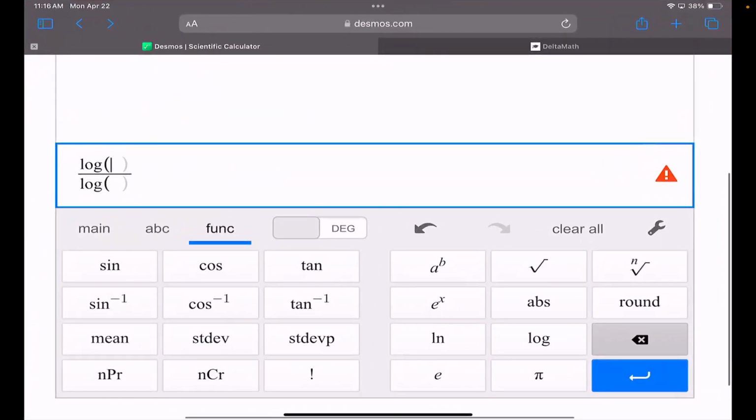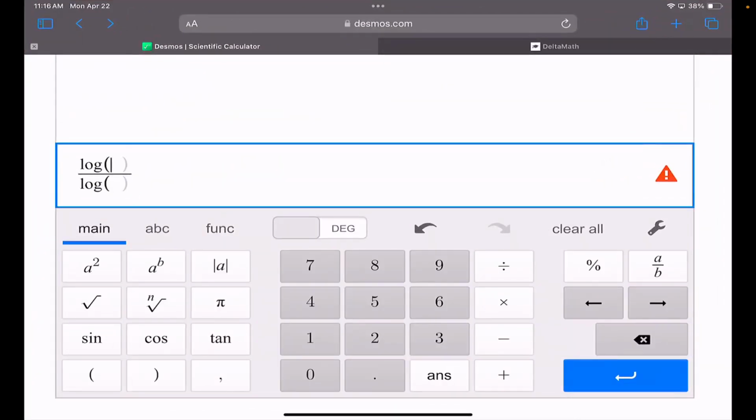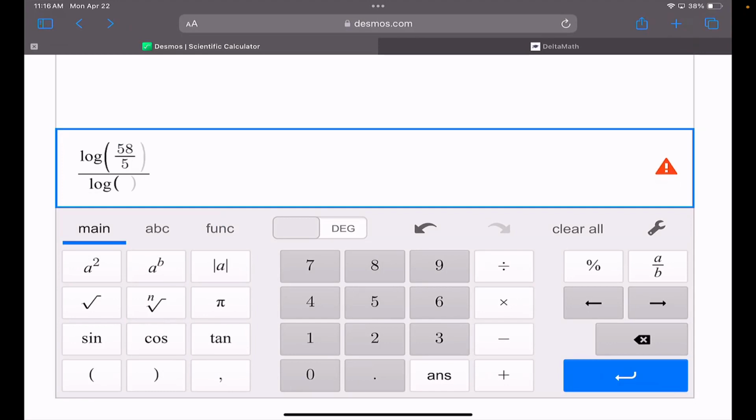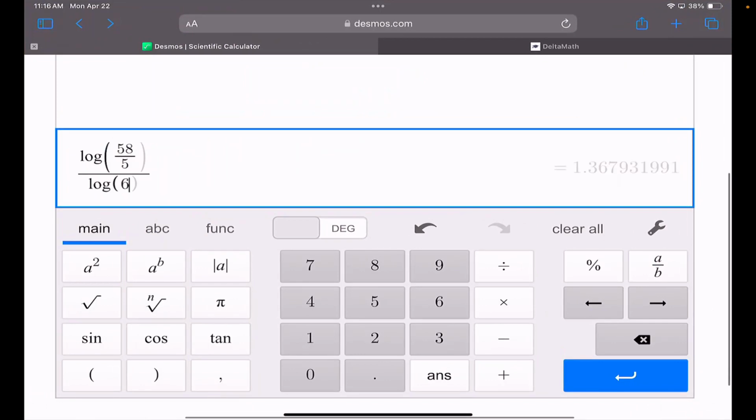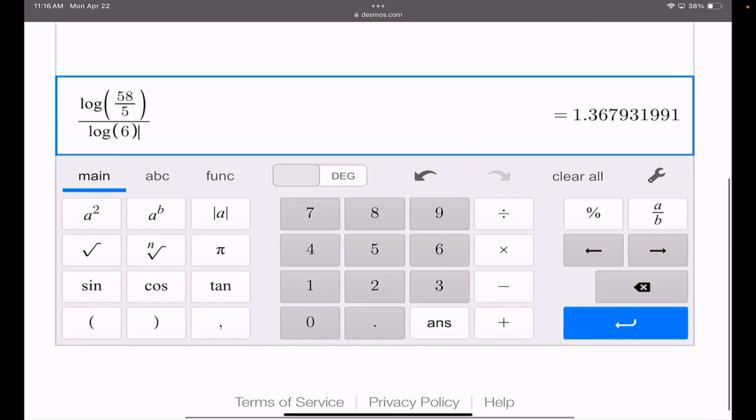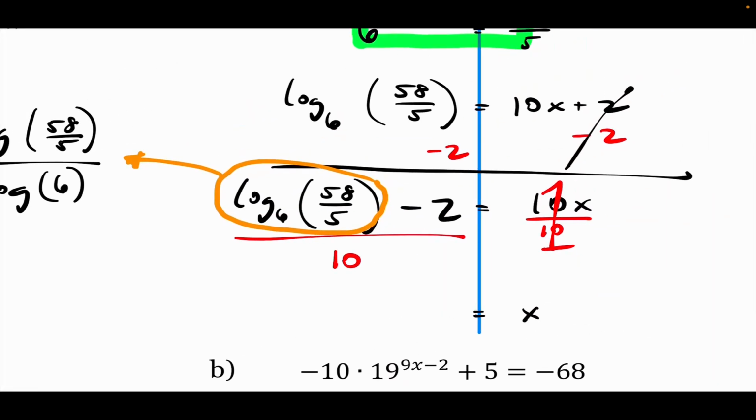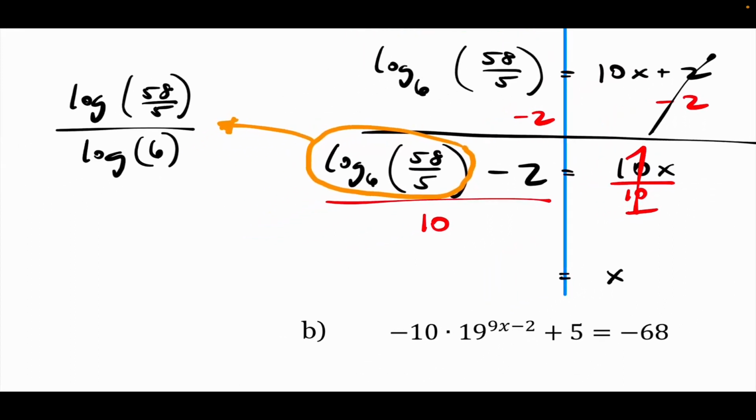58 over 5. 6. That's not our answer. That's just step 1. That gives us the answer to that part. Then I got to subtract 2. So that's the next thing I'm going to do.